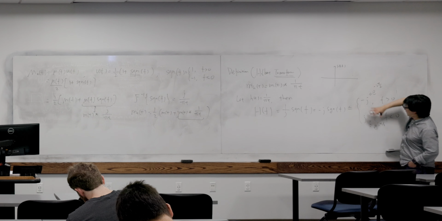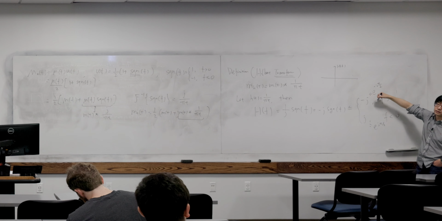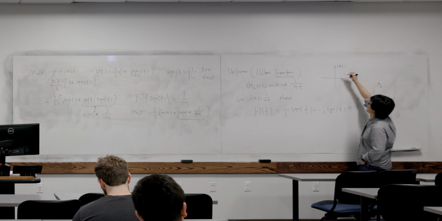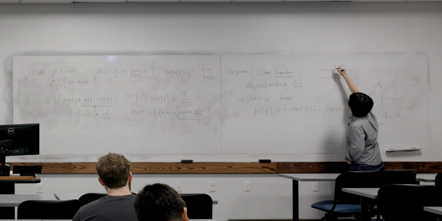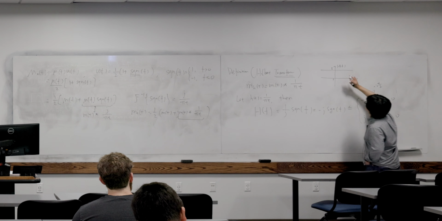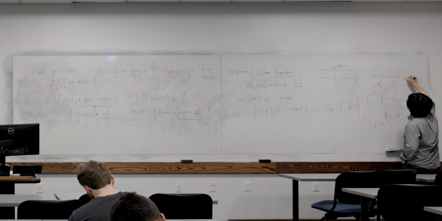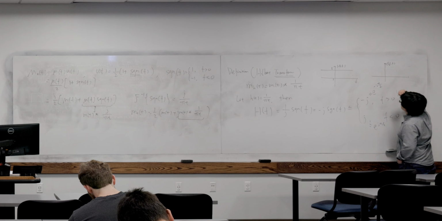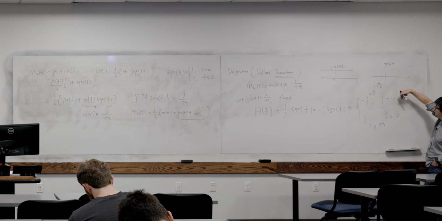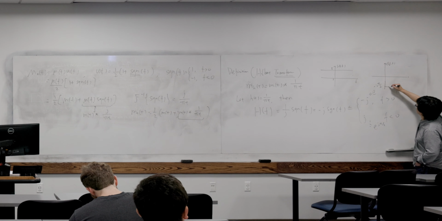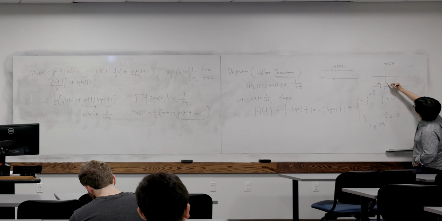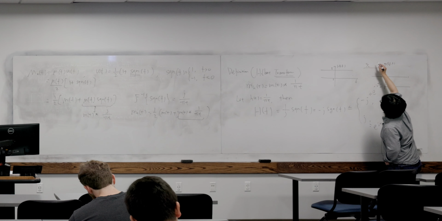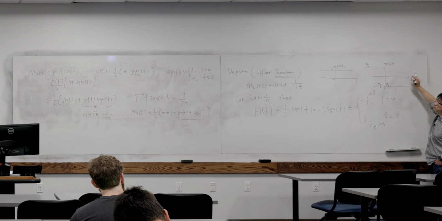Because it's complex, we cannot draw everything in one figure, so we need to distinguish between the magnitude and the phase. The magnitude here is 1, and the phase is minus pi over 2 when f is bigger than 0, and plus pi over 2 when f is less than 0. Okay, so that's the phase.